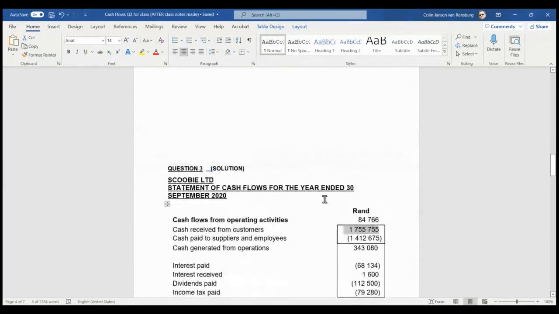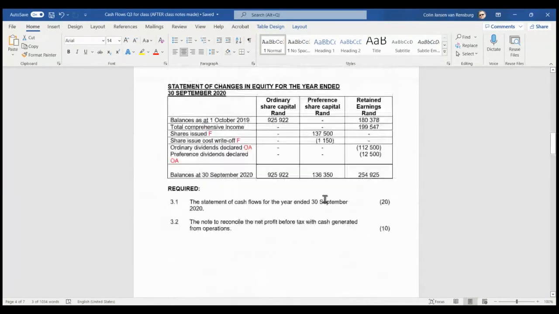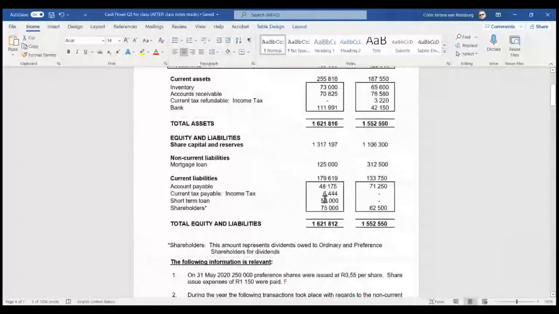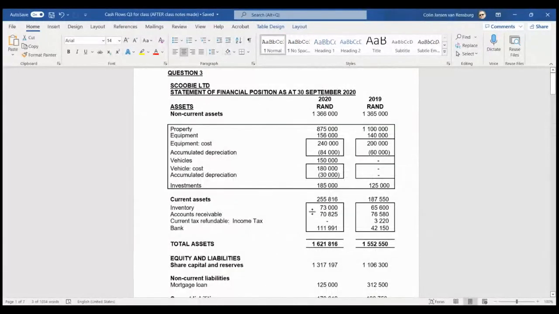So let's start with our statement of financial position. We go and look at our debtors. There we have it, accounts receivable, ladies and gentlemen. So we look at the beginning of the year balance, 76,580. And we look at the end of the year balance, 70,625. Now, the first thing that we have to understand when we take these opening balances is whether it is a debit balance or a credit balance.